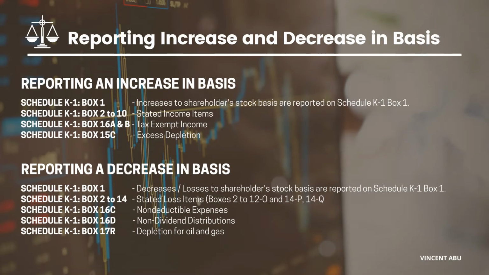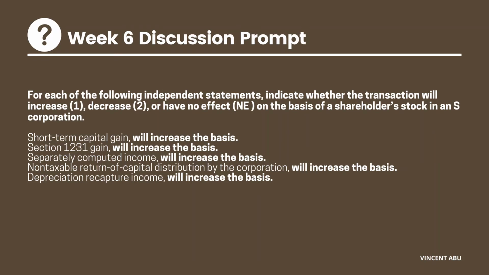The non-deductible expenses are reported on box 16C, and the non-dividend distributions are reported on box 16D. Box 17R will have your depletion for oils and gases. Again, this whole thing goes back to income increasing the basis, while losses, deductions, and distributions will decrease the tax basis.